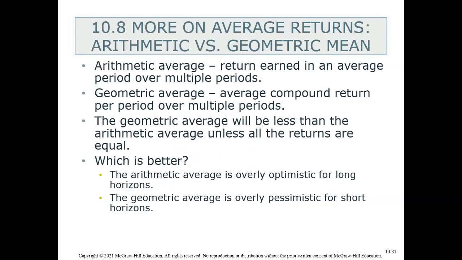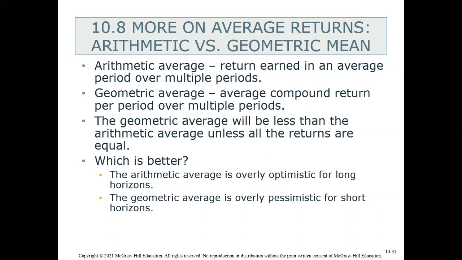Okay, so the final part of our chapter deals with how we get these average returns; we looked at calculating returns in the beginning of the chapter. Well, we could do it as an arithmetic versus geometric mean. An arithmetic mean is the return earned in an average period over multiple periods. The geometric average is the average compound return per period over multiple periods.